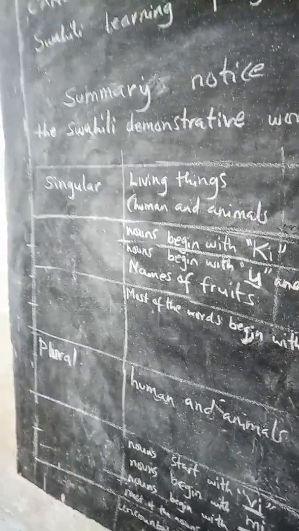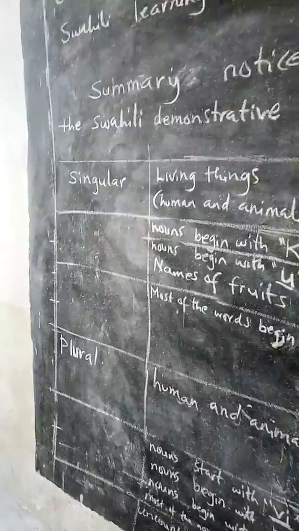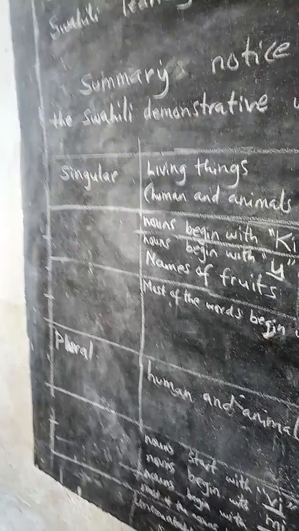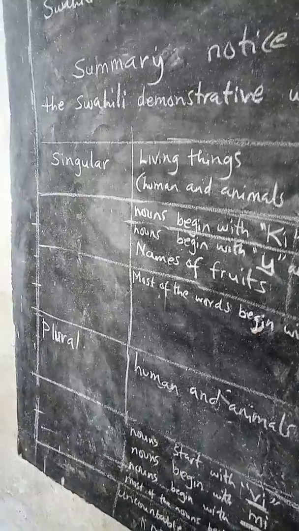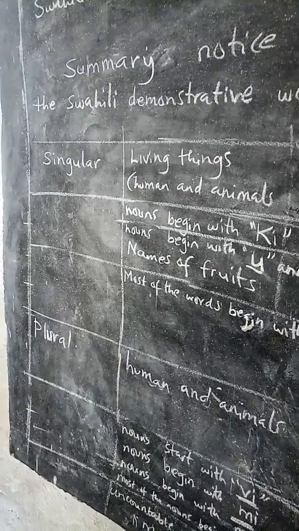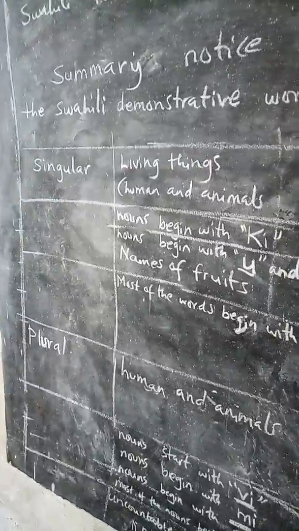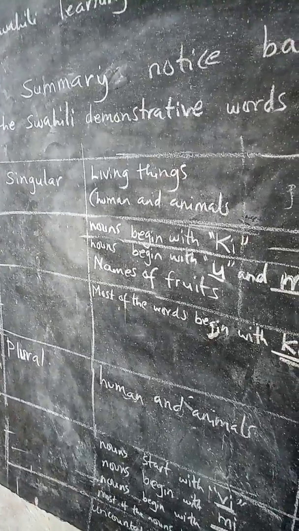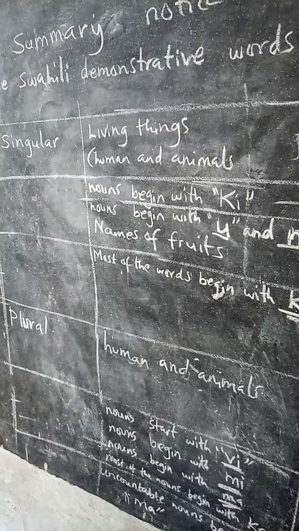I have decided to make this into a simple form that you can easily understand. We have first of all singular and we have plural, but we have living things in Swahili, and these living things are based on humans as well as animals. Only plants are not taken into this group. Singular for the living things is based on humans and animals.